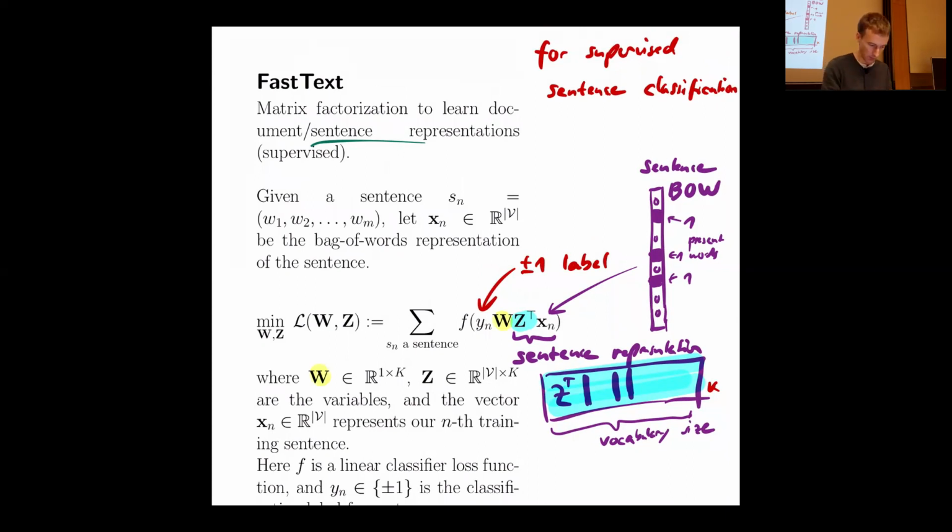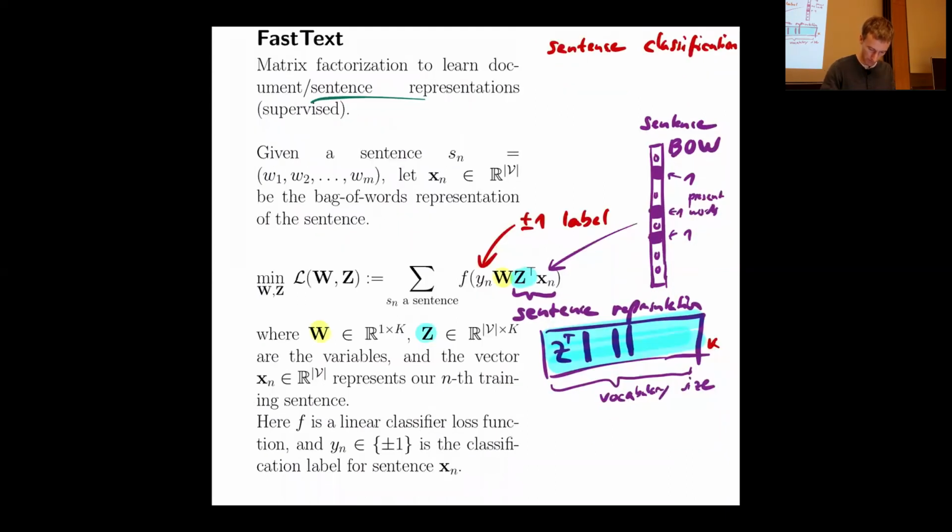So W is really just a K vector. It takes the sentence to its right. You left multiply the sentence representation with W, and that gives you a number.